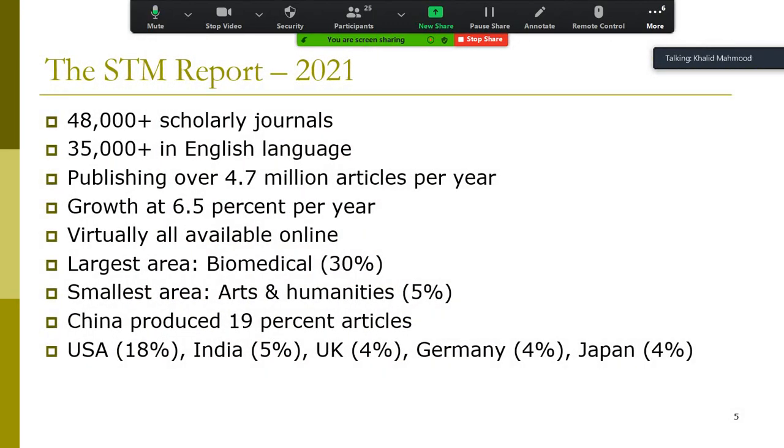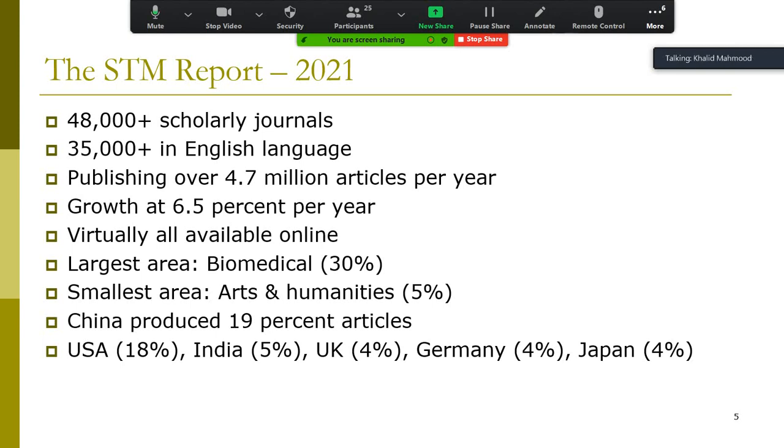There is another report, the STM report, which shows the global market of research journals and scholarly publications. The latest edition of this report is available in 2021.